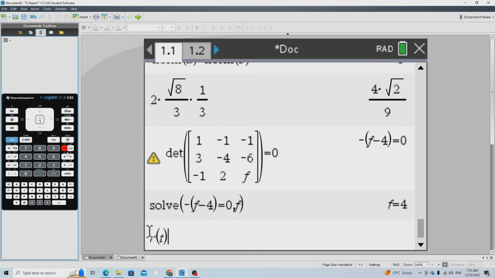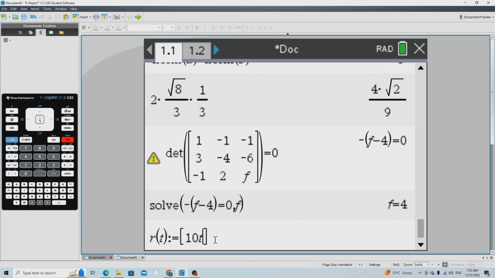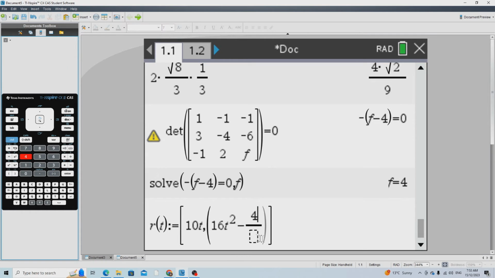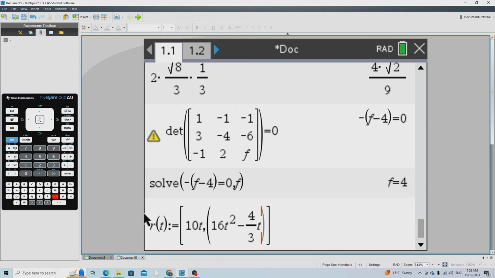So let's first define r of t. R of t is given by 10t, 16t squared minus 4 over 3 t to the power 3.